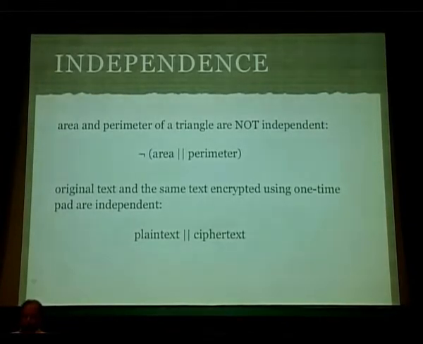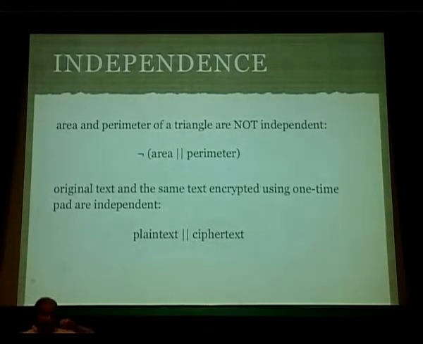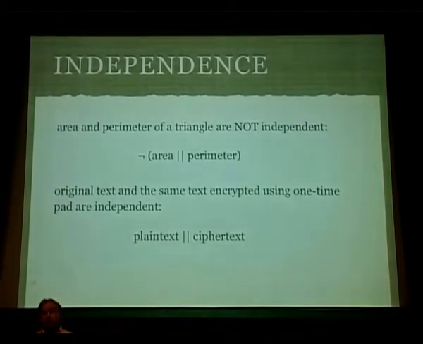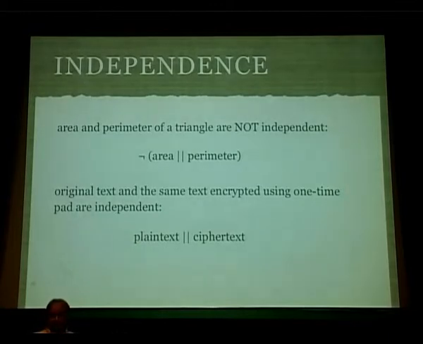If you know the value of height, there's absolutely nothing new that you learn about the value of width of the rectangle. So if things are independent, then by knowing one, you learn absolutely nothing about the other. If they are not independent, then by learning one of those values, you learn something about the other.